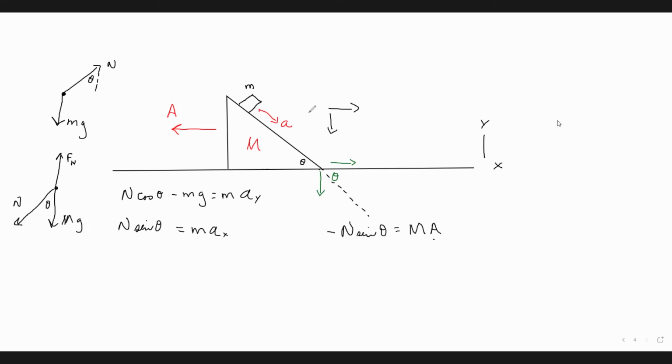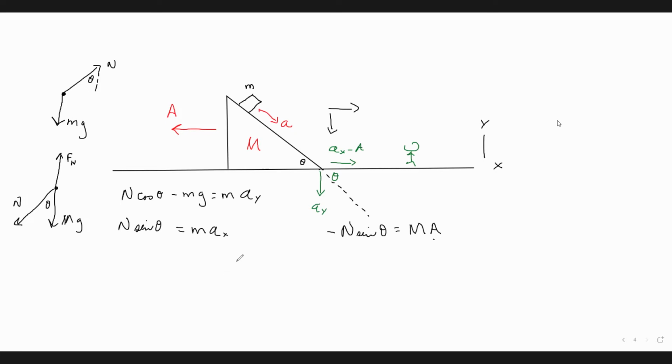But what is this acceleration in the x direction? It's a sub x minus capital A, isn't it? Because the wedge is accelerating to the left with capital A. So the actual acceleration of this block is ax minus A, as seen by someone standing here watching everything move. And my a sub y is over here.